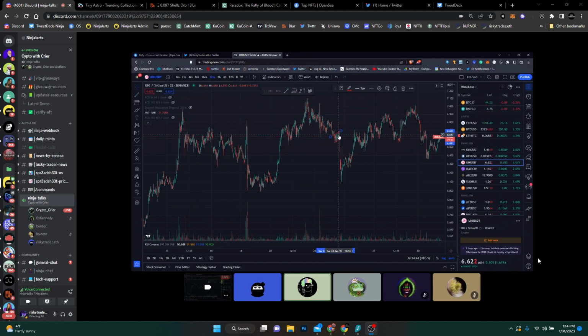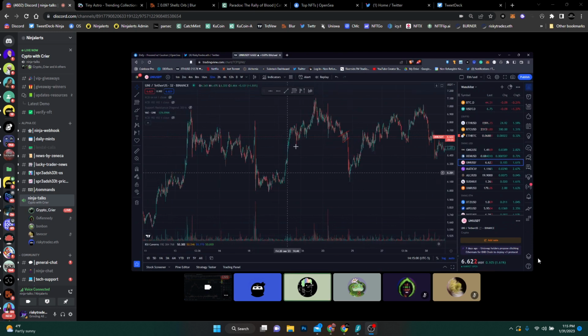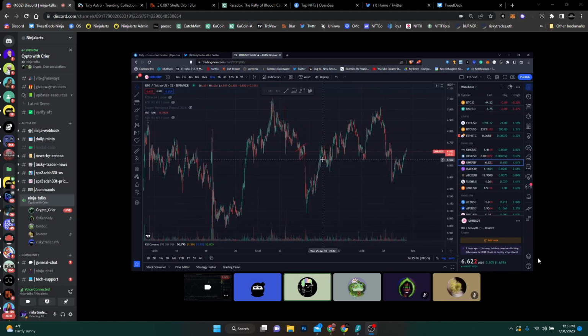I reset my drawings, but I leave all this stuff up on my normal charts. So this was a failure for me, I thought this was going to go up here. This one had a similar appearance and was able to break out, and this one did not. So it's a lot of trial and error.